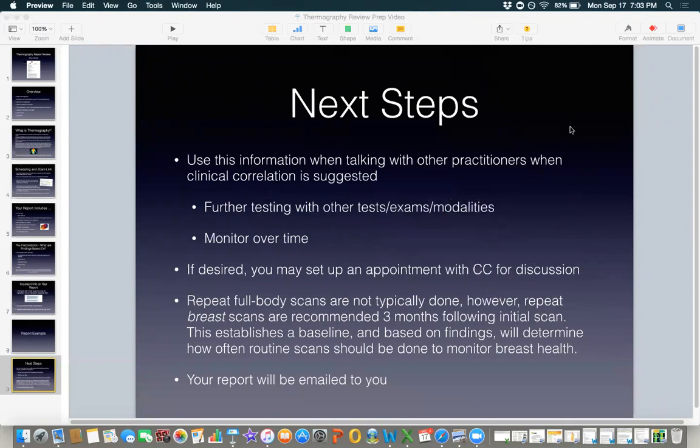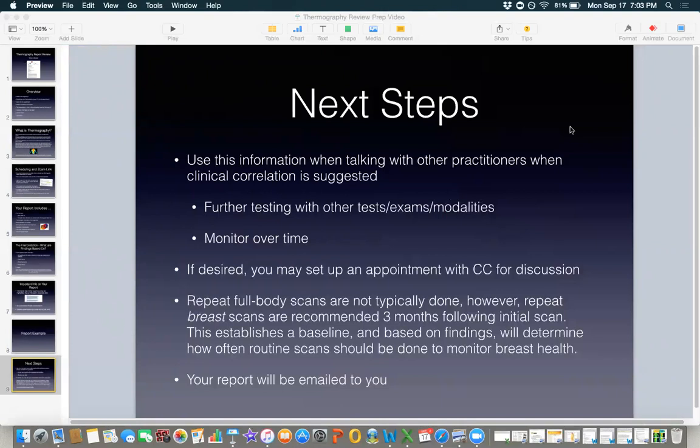Further testing may be suggested. And thermography is, especially with breast health, good to monitor over time. If desired, of course, you can set up an appointment with us to talk about anything that is found on your thermography imaging report that you might want to have checked out further. We can talk about that.